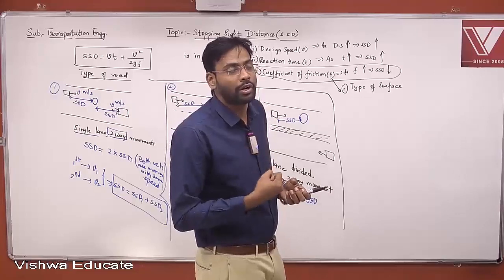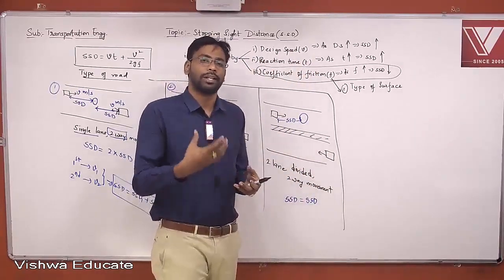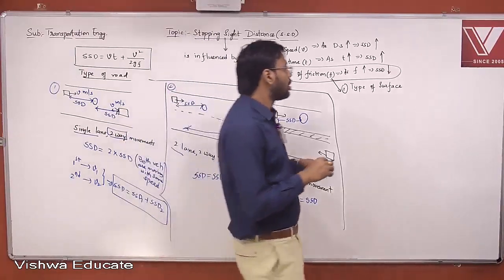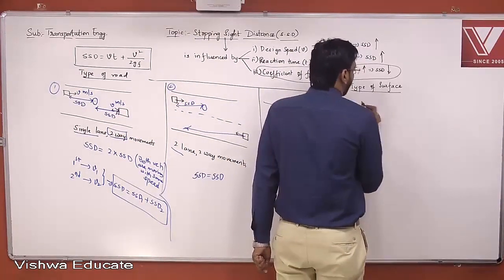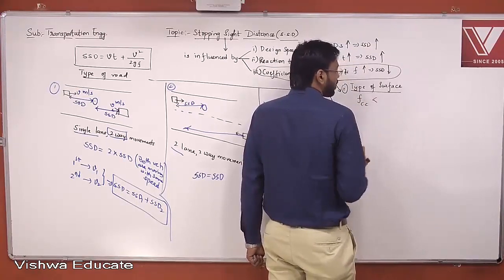That's why in cement concrete roads, there will be an action of slipping due to less friction, right? So, based on type of surface, the coefficient of cement concrete road is very much lesser.